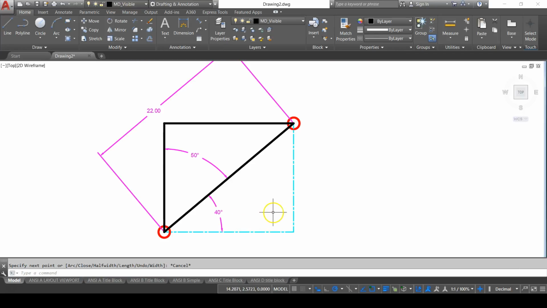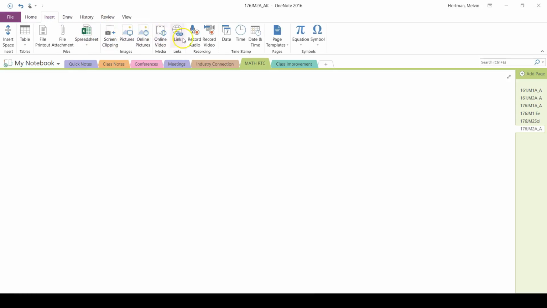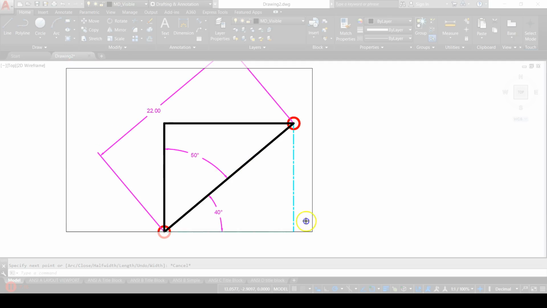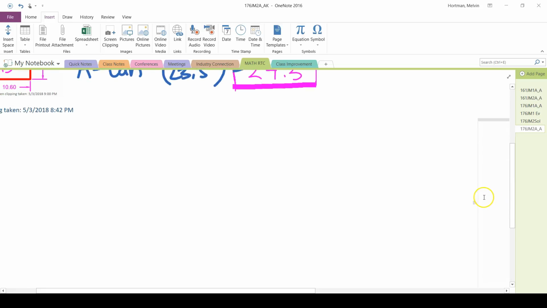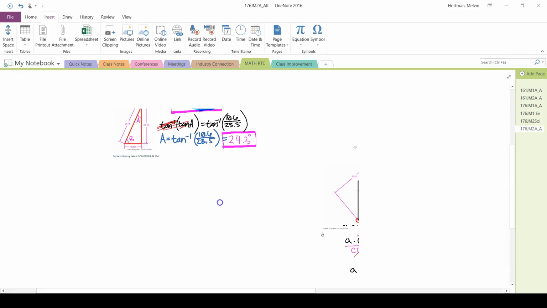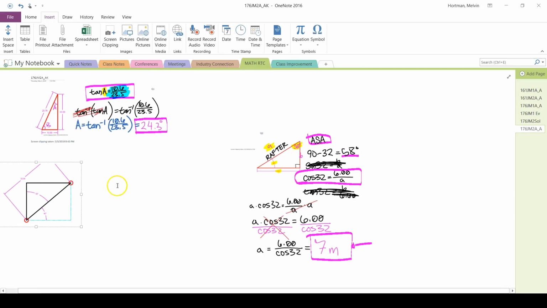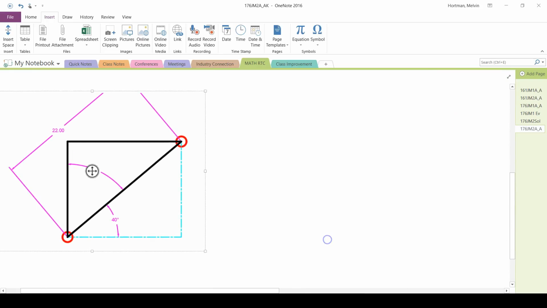So now I'm going to take this, I'm going to snip a picture of it and start solving it. It took me a while, sorry. Whoa, where'd my part go? Didn't quite make it. There we go.